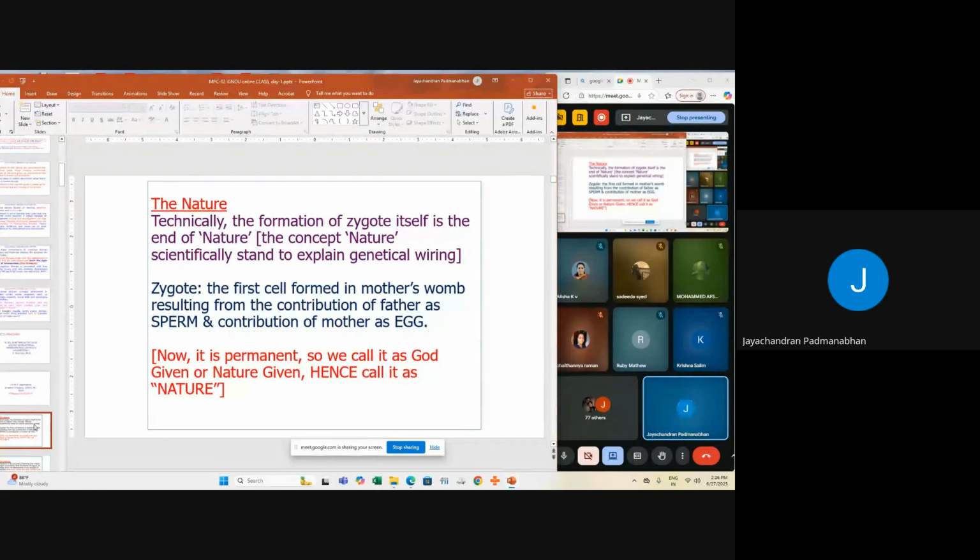That is the first cell. So now that is permanent. What is important? Why is it called nature? That is Prakriti or God, whatever. Why is it said the genetic wiring is permanent? You know the 23 pairs of chromosomes received from mother and father. That is permanent. That is what we call nature.